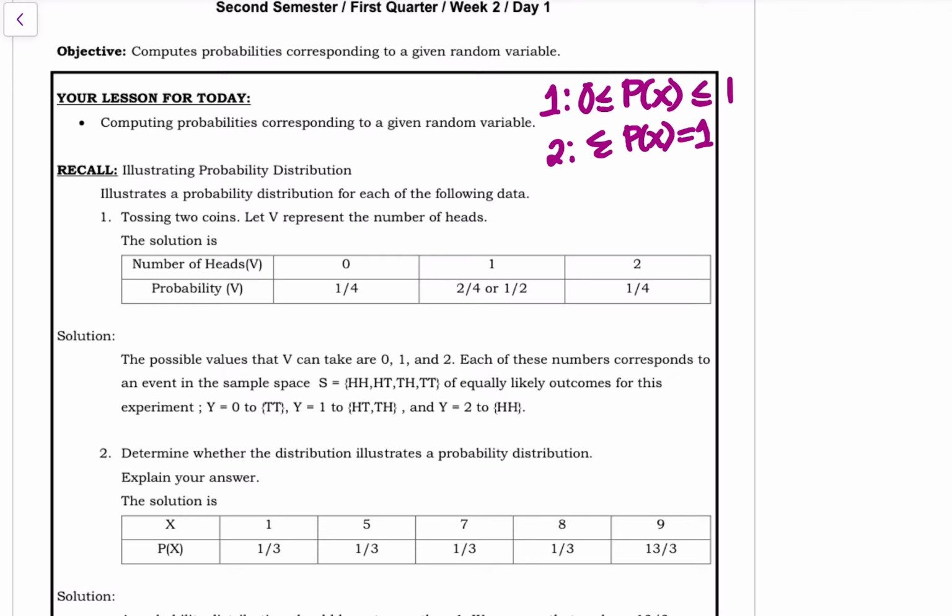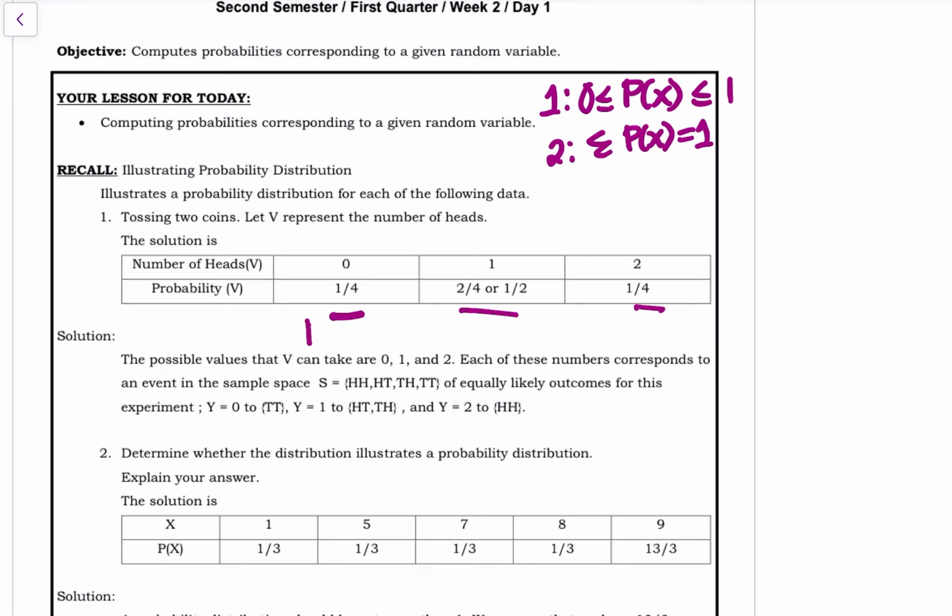So yung nakikita nyo sa screen ngayon, meron dalawang possible na probability distribution. Pwedeng yung isa ay hindi. Okay, so for this one, we have 1/4, 2/4, and then 1/4. It's asking for, if you are tossing 2 coins, this is the random variable B, talking about the number of heads.